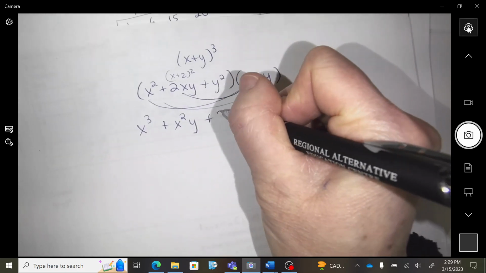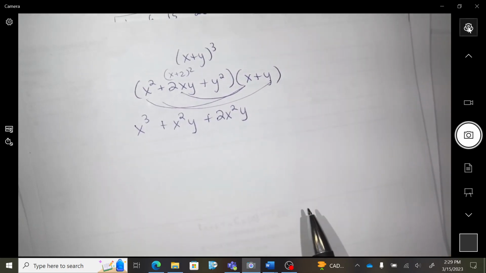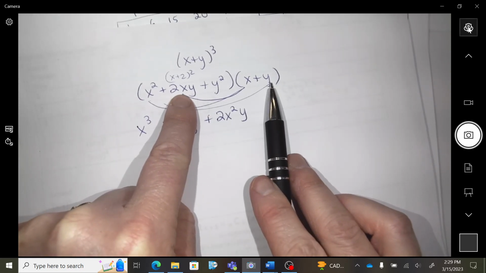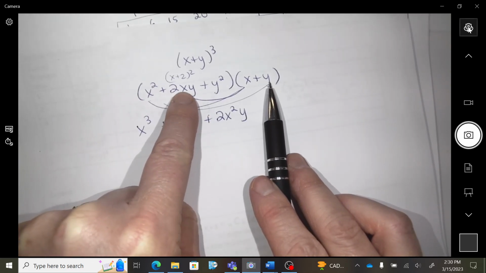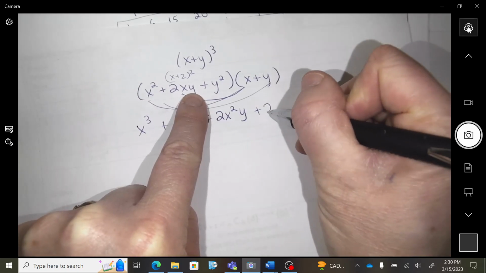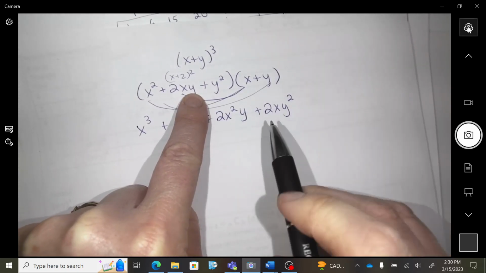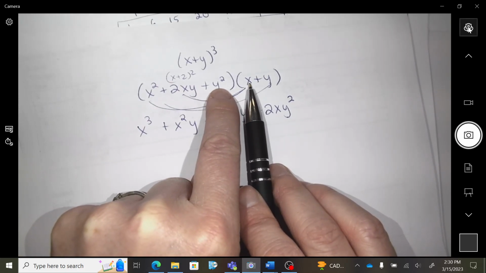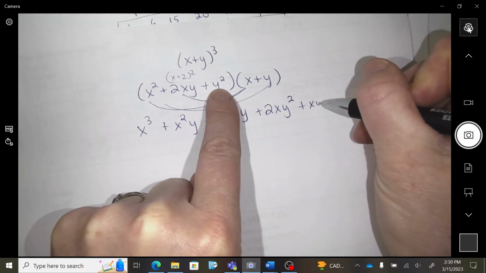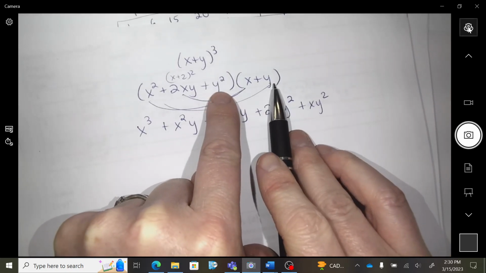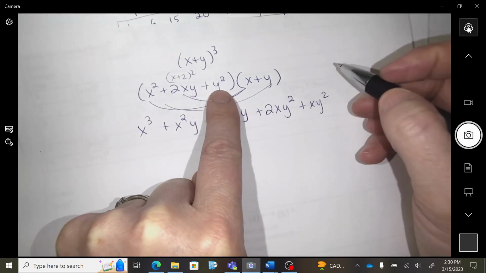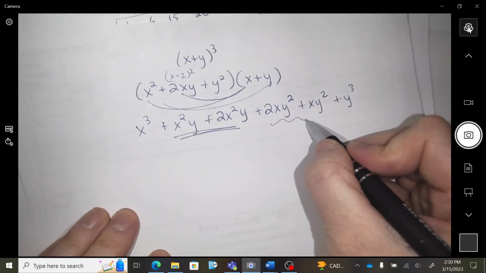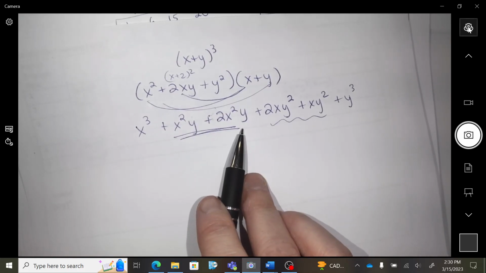Do you see that? 2x squared y. I'm going to take this, which is 2xy squared. Now I'm going to take this set. This is xy squared. And then I'm going to take the last set, y squared times y, or y cubed. That can go together.